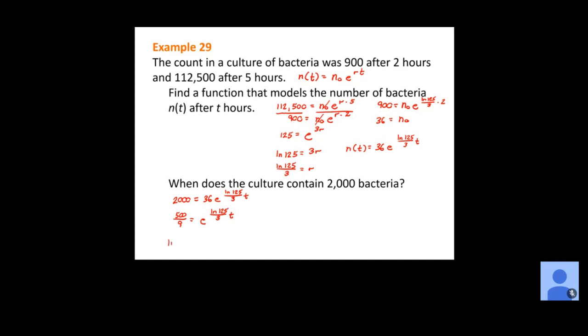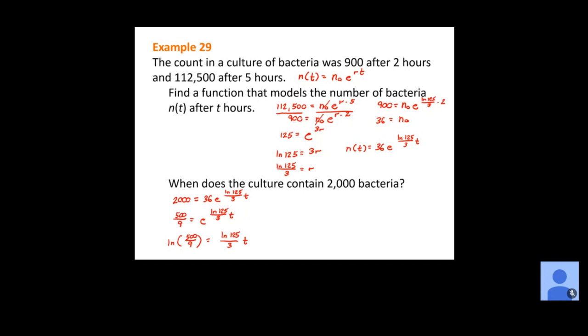Take the natural log. Good, so we have natural log 500 over 9. Over here now, the e and the natural log cancel out, so I'm just bringing everything out of the exponent. So that's natural log 125 over 3 times t. And so now what's the last step going to be? Yeah, just divide, right?